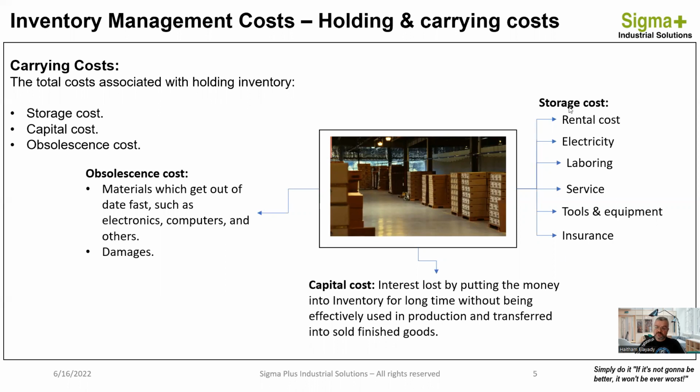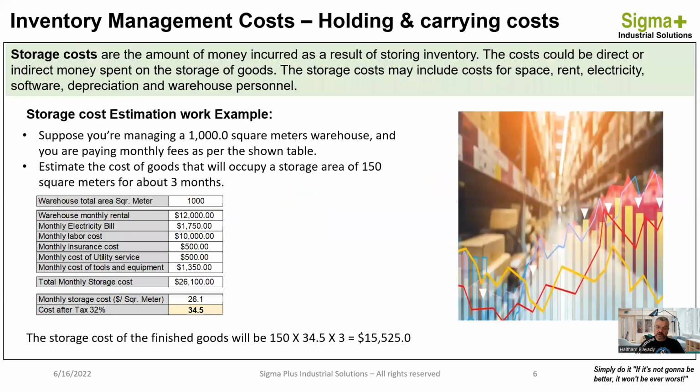And we also have the storage cost, which includes the costs related to the rental fees of the warehouses, the electricity bills, the labor cost, the servers, the tools and equipment that are used to fix racks or machines in the warehouses, plus the insurance cost related to the value of the materials stored in the warehouses.